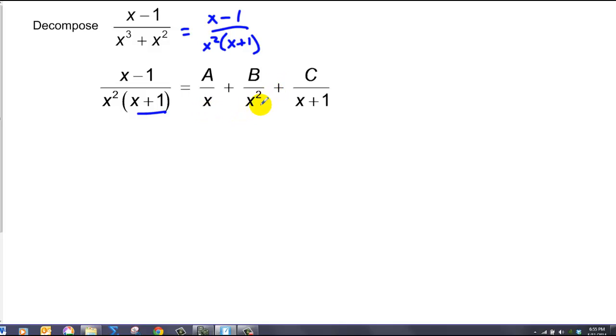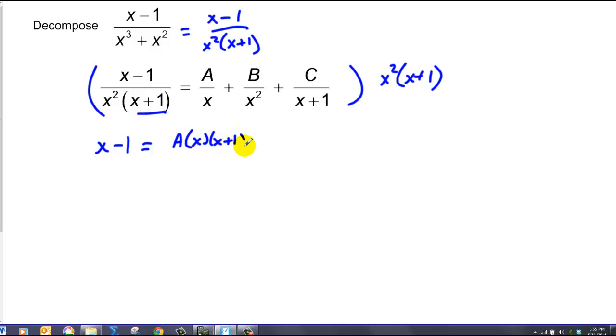It's x times x. So now what we're going to do is solve for a, b, and c in this case by multiplying by x squared and x plus 1 to get rid of my denominators. I get x minus 1 is equal to a times x times x plus 1 plus b times x plus 1 plus c times x squared.